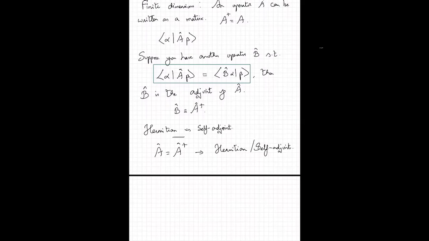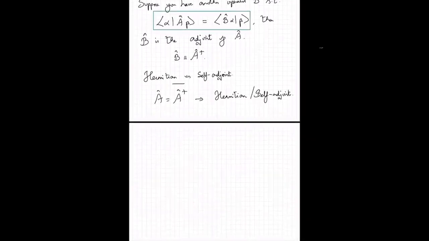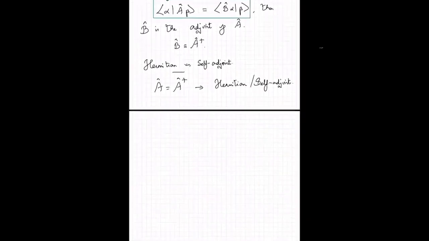Particularly in function spaces, this becomes very important. In finite dimensional Hilbert spaces, of course, the distinction between them is not very important. But in function spaces, the distinction is technically important, even though I will gloss over this fact in this particular course. I'm sure you would learn more about this in your mathematical physics course.